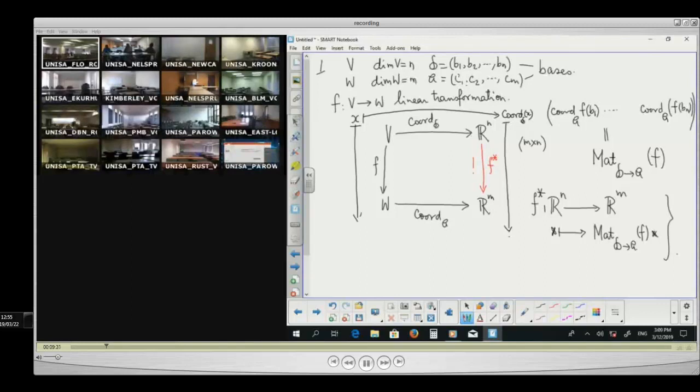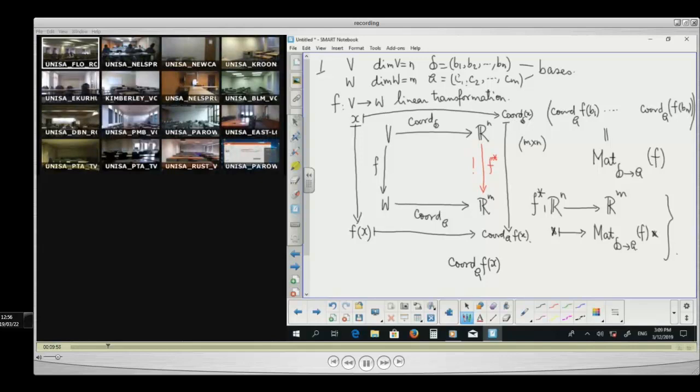You first evaluate F and then you apply its coordinates. Okay? So that means this equation is telling you how to get the coordinates of fx with respect to here.